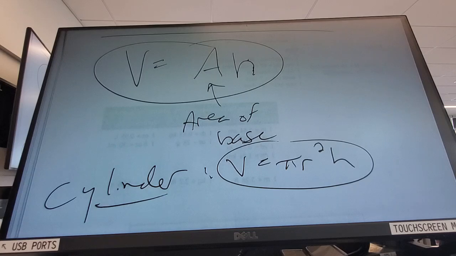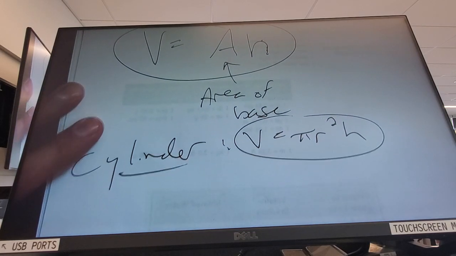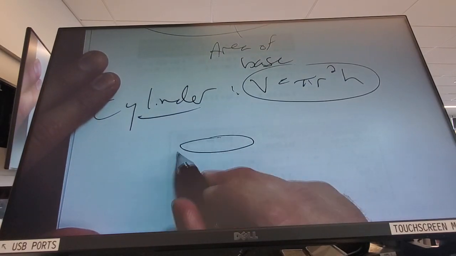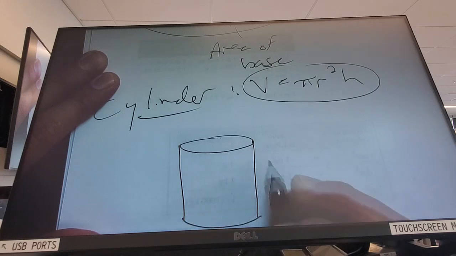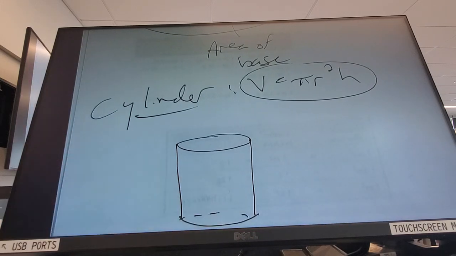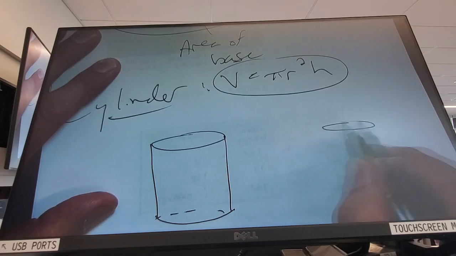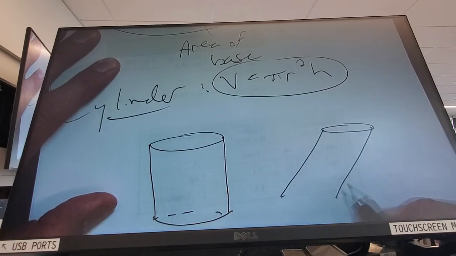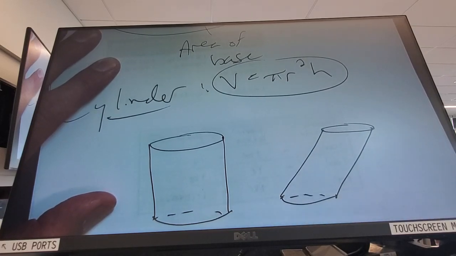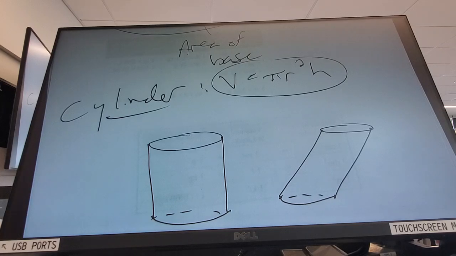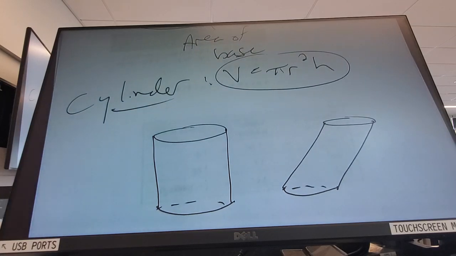Now what's really interesting is if I had a stack of pennies or something and I pushed it over a little bit so it became sort of the Leaning Tower of Pisa. The formula doesn't change. Of course it doesn't change. Is everybody cool with if I stack a bunch of pennies up?